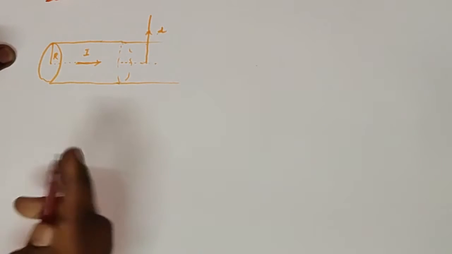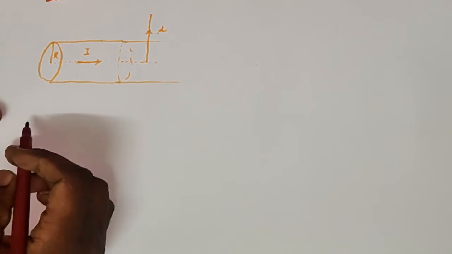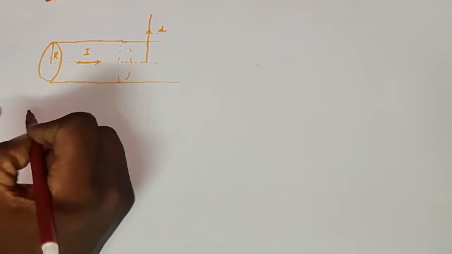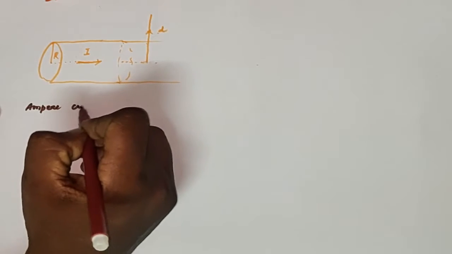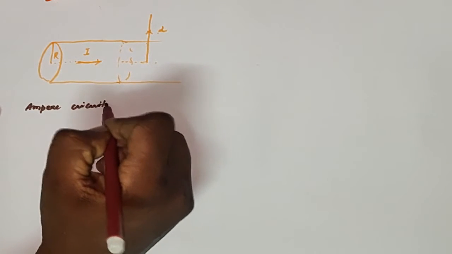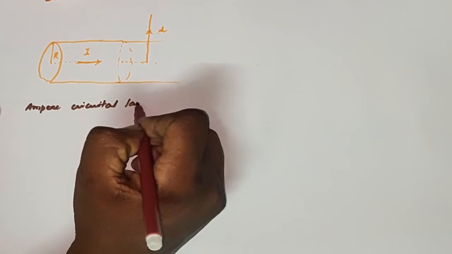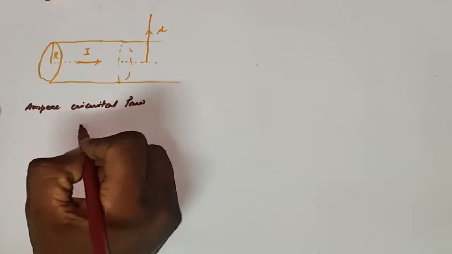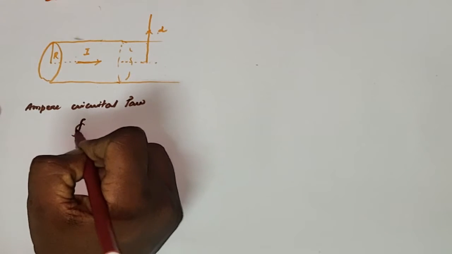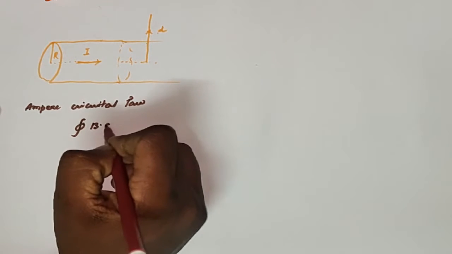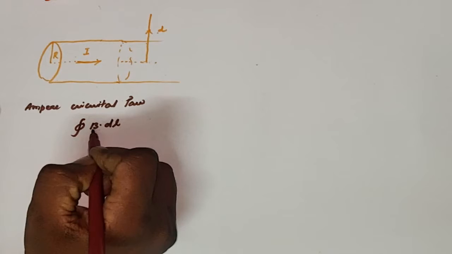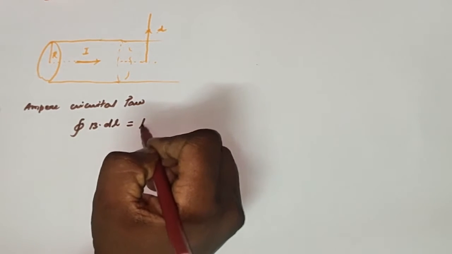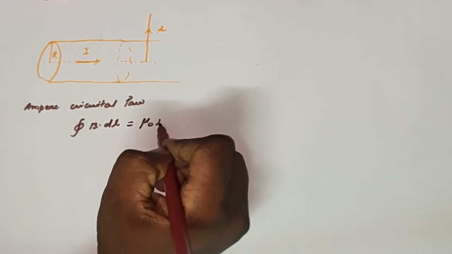For this one we are going to use Ampere's circuital law. So first we need to write Ampere's circuital law. It says the closed integral of B dot dl, along the line of a circle, the magnetic field, is equal to mu naught times I enclosed.